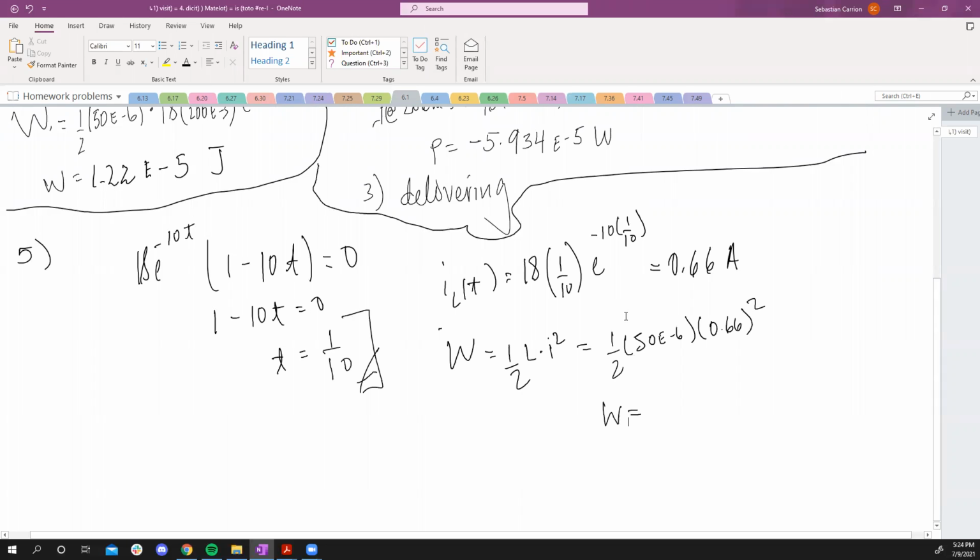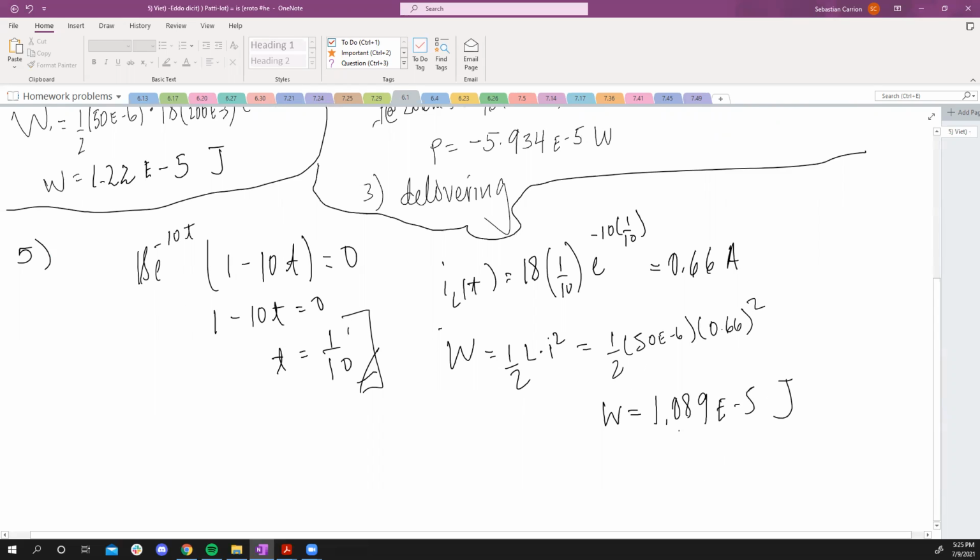So that is 1 over 2 times 50 e to the negative 6 times 0.66 squared. It's going to be a very small amount, maybe 1.089 e to the negative 5 joules.